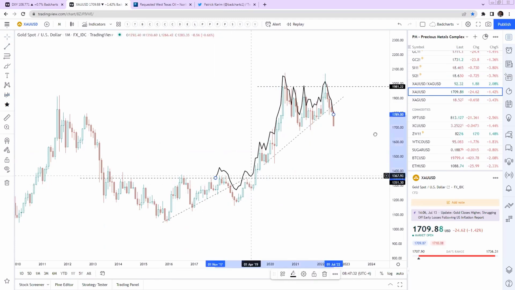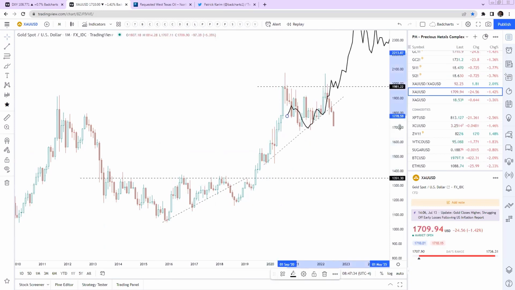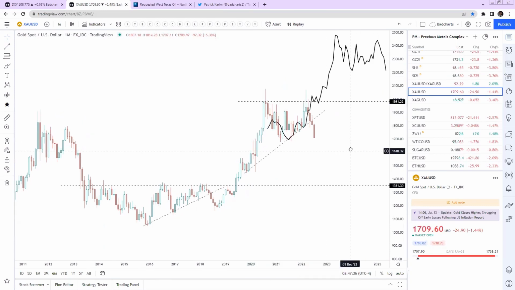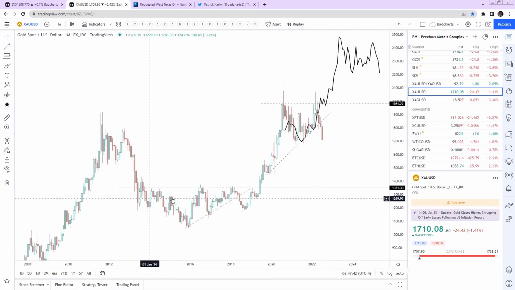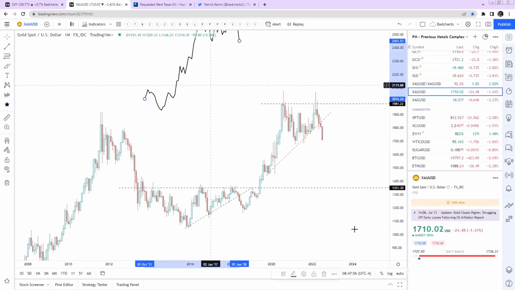Well, I understand these wave counts, but it's not taking care of, that means it's disregarding an 8-year base, a 7-year base. How could you discard that? There's a reason gold broke out in June of 2019 out of this massive base. This is a massive wall right here. So it's kind of tough to think that you're just going to go through that like butter.